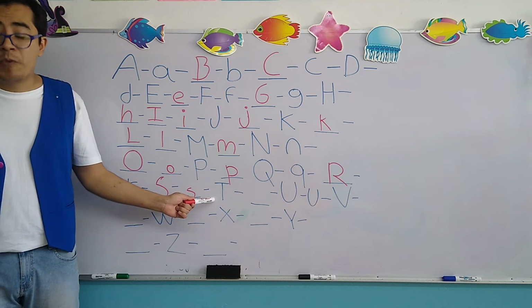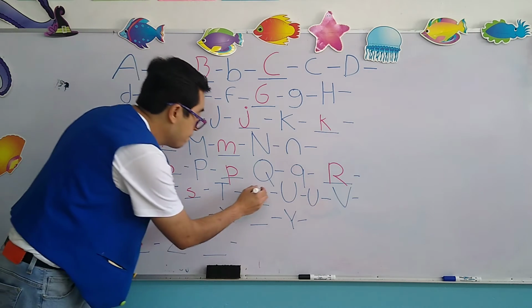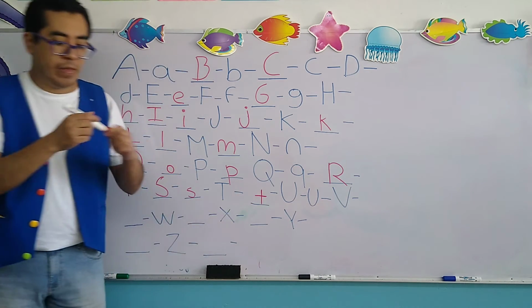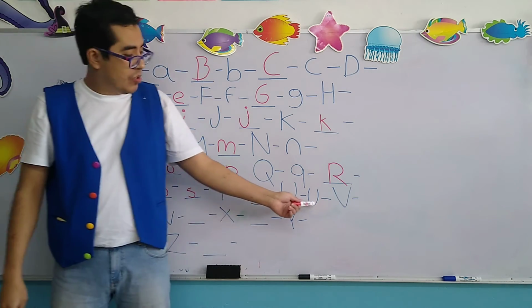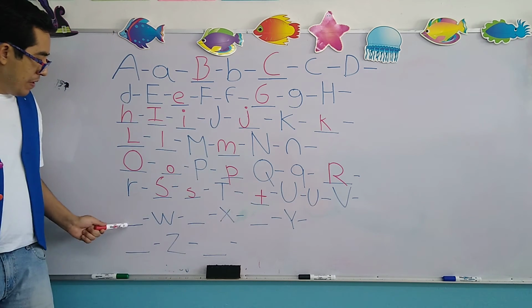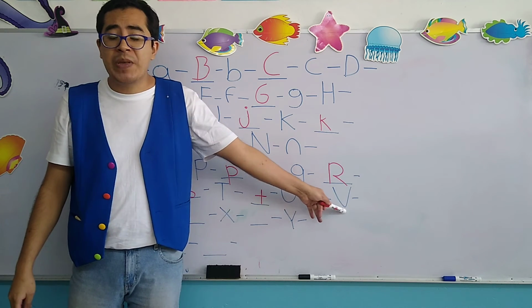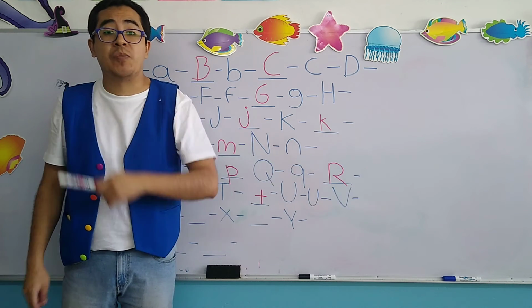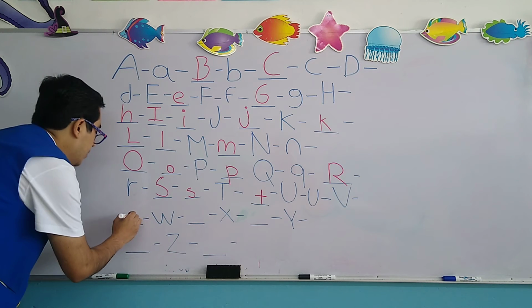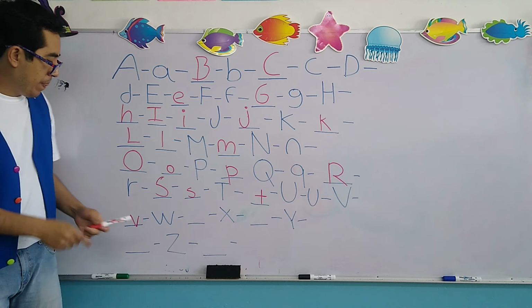Capital T of triangle, of Tito, small t. Capital U, small u. Capital V. Here we have a blank space. So if this is the letter capital V, we are missing the small form, which is small v of Valentina.